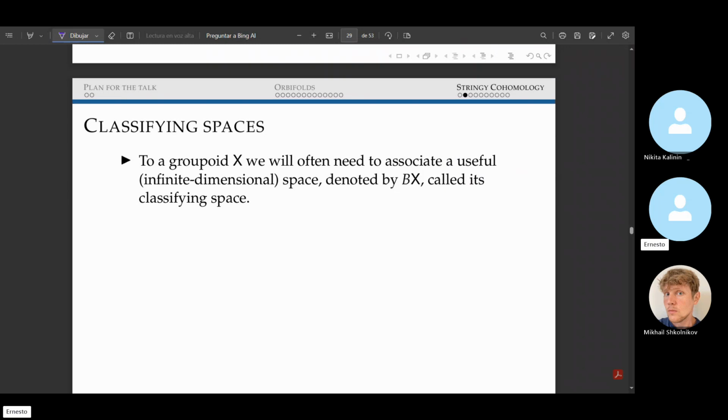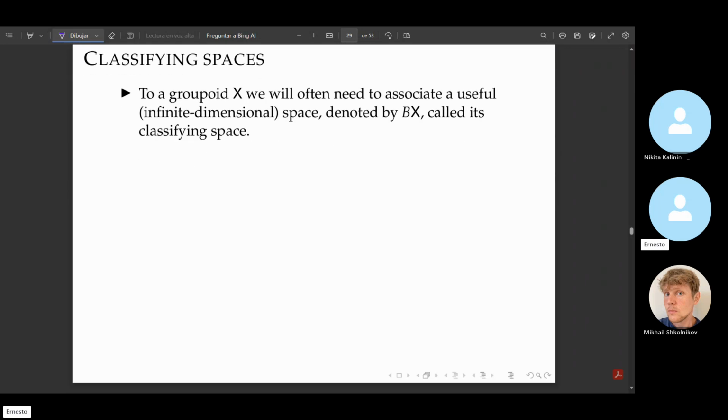And again, the classifying space is denoted by B of a groupoid. And the basic idea is that whenever we have an arrow, we're going to put an actual segment there.